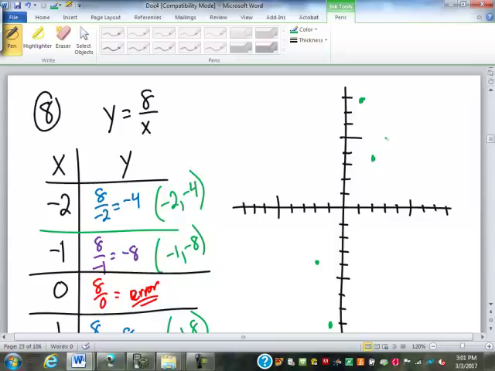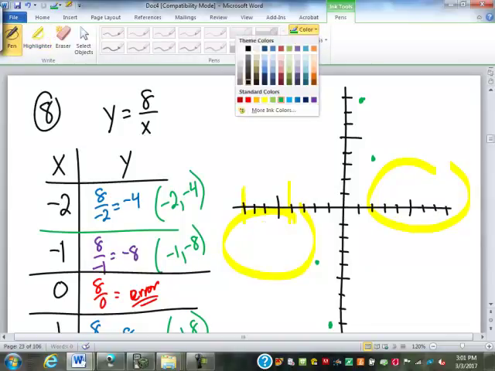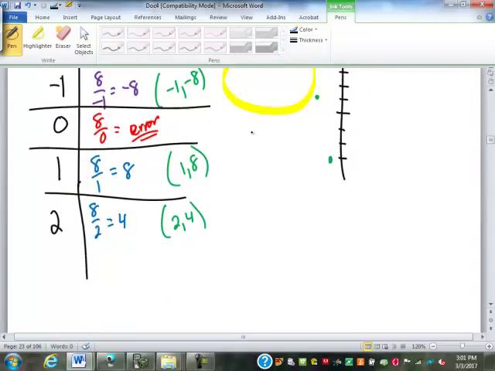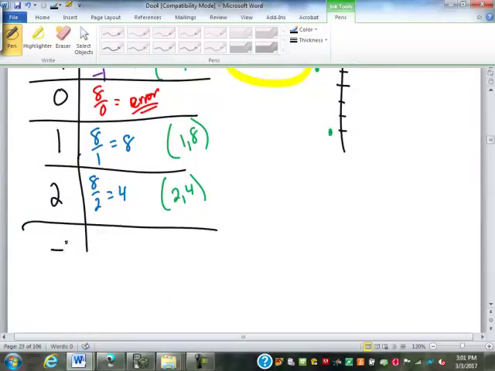Well, we don't have enough points here to really know what's going on yet. We need to know what's going on over here, and we need to know what's going on over here. So I'm going to use -4 and -8. The reason I'm using -4 and -8 is I know they divide into 8 really well. So let's use x is -4 and x is -8 quick and get those points. If x is -4, what is y? -2.